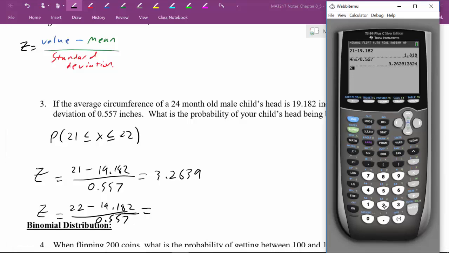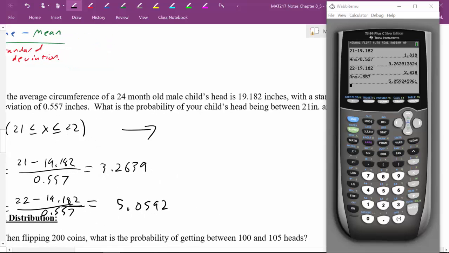So same thing, but with the number 22 minus 19.182 divided by 0.557. And here we're going to get 5.059-ish.